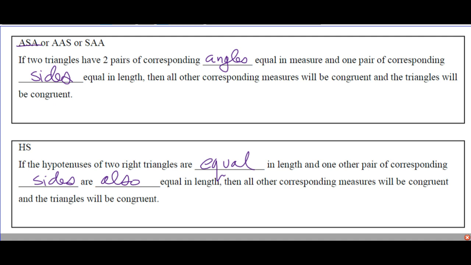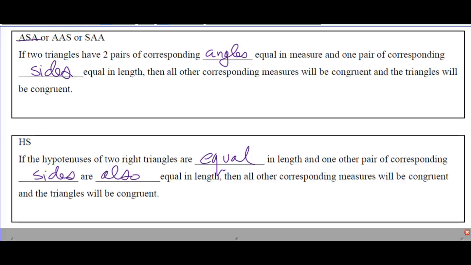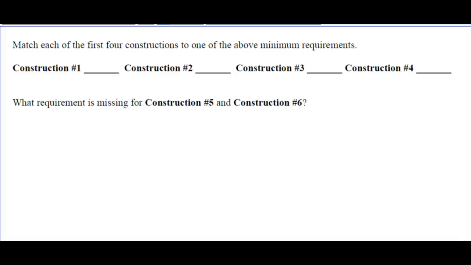And really, hypotenuse side is really just side angle side, right? Because you've got two sides and you've got that 90-degree angle is the same. Or actually, sorry, it'd be more like angle side. But the special one's called hypotenuse side, right? So in right triangles.